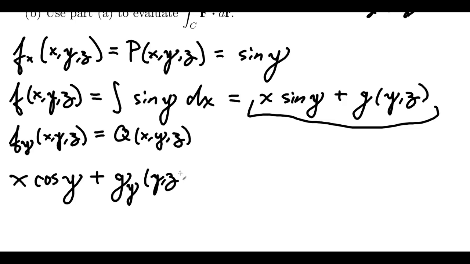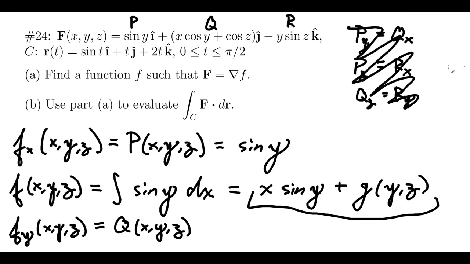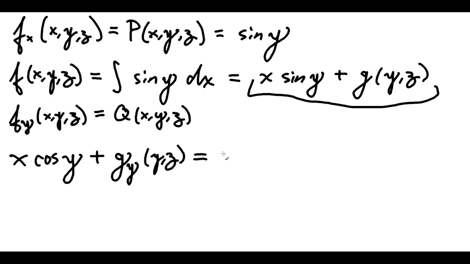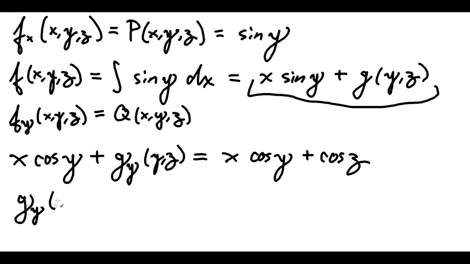We don't know what the function g is, but we want to take its partial with respect to y. And that will need to equal q. And what was q? The second component of F, that is x cosine y plus cosine z. All right? Now looking at this equation, we see that there's x cosine y on both sides, so let's subtract that off. So that means that g sub y of y, z is equal to cosine of z.